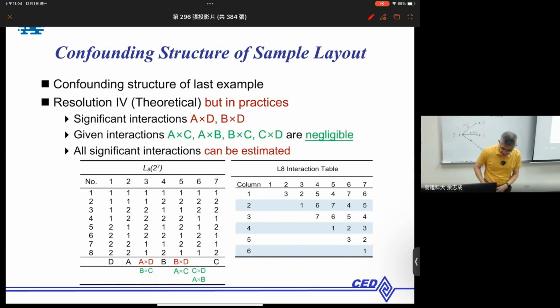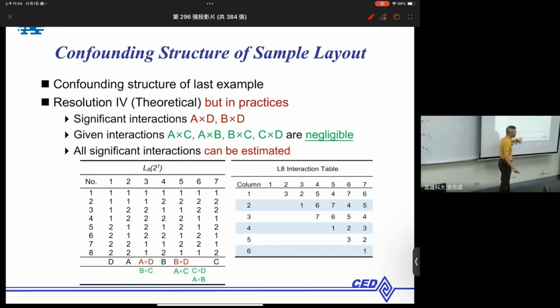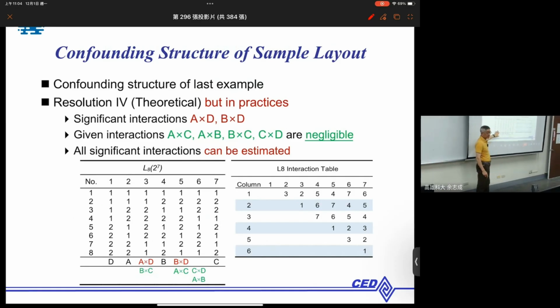All right, and if you look at the confounding structure, this is their confounding structure. Remember resolution? This is resolution 4, right? We mentioned that example before. And here we have 6 two-way interactions.